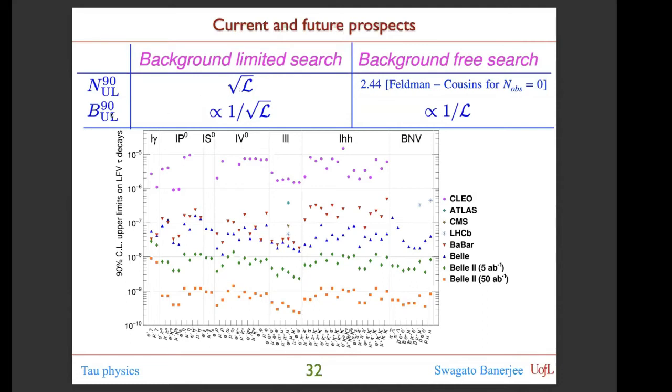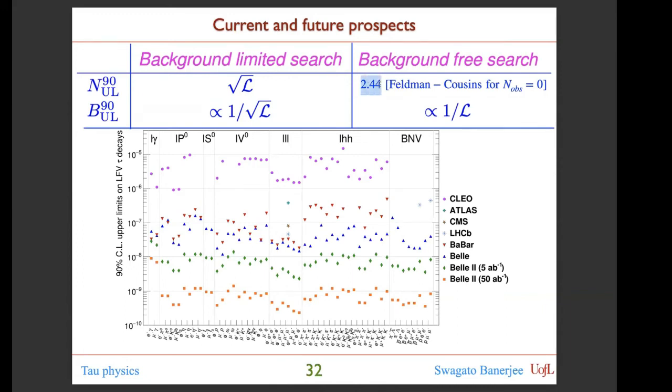And because there is already a factor of luminosity in the denominator, the branching fraction will scale as 1 over root of luminosity. In case of the background free searches, and most of the other searches here, other than the tau to e gamma, mu gamma, are assumed to be background free searches, since we have not yet observed any significant expected background yet.